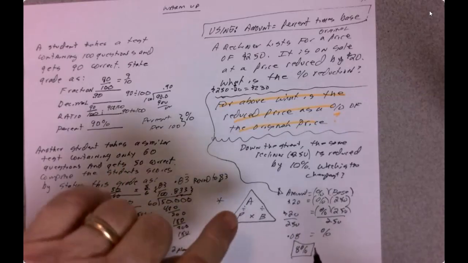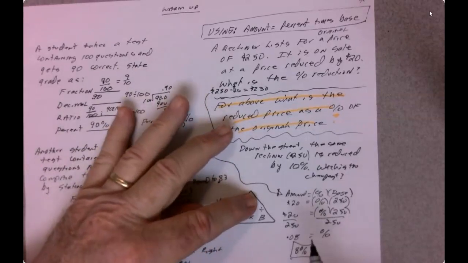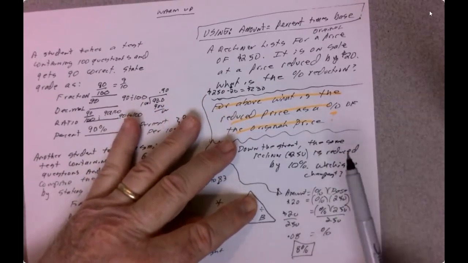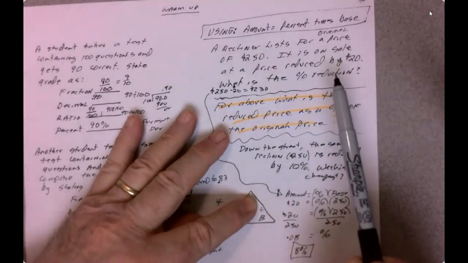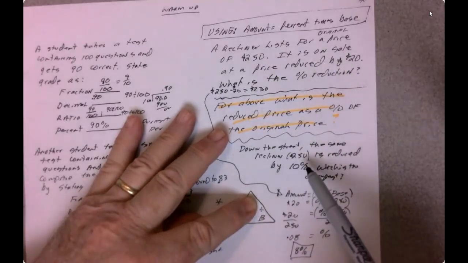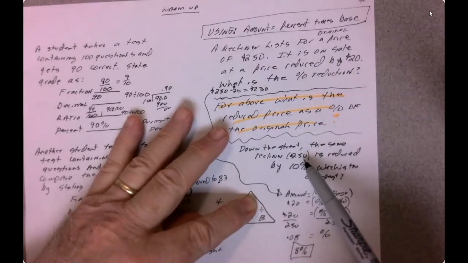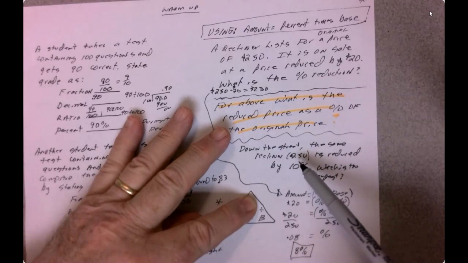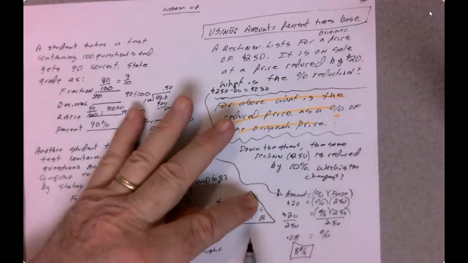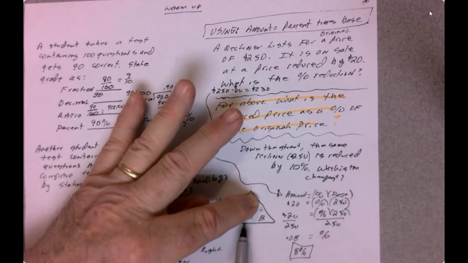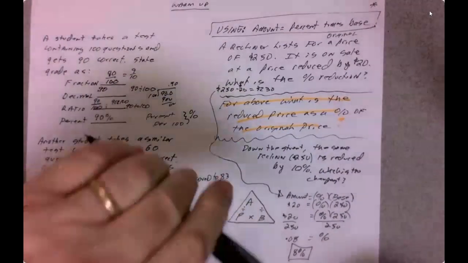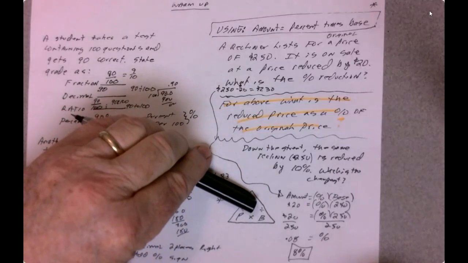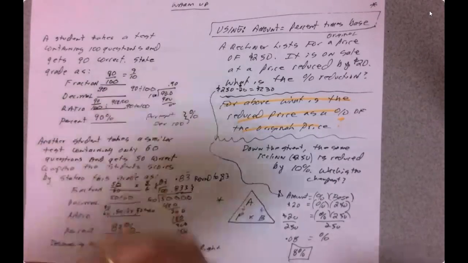What if I needed to know the amount? Oh, that's what we did a minute ago, where we took the 10% times the 250, which gave me $25 as the amount of the reduction here. So if you want to know the amount, you just cover it up and multiply percent times the base.